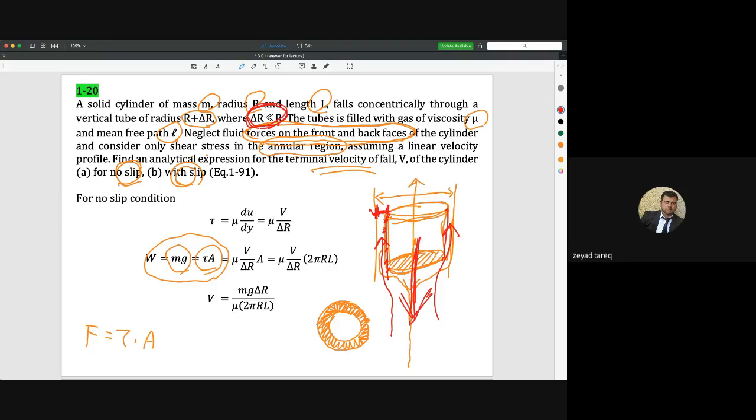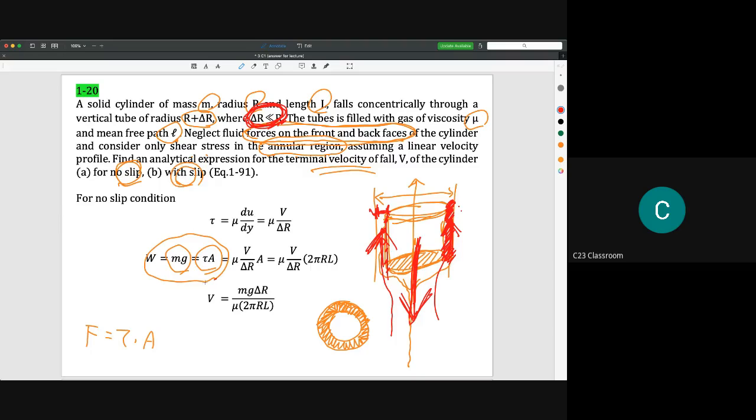So, in the equilibrium case, we assume the weight here will be balanced with the shear stress on the side. That's why we need to understand that delta R is much smaller compared to R. If the gap is very big, the cylinder will fall down due to gravity only, because the density and viscosity of gas is very small, so it only has an effect in a very small gap.